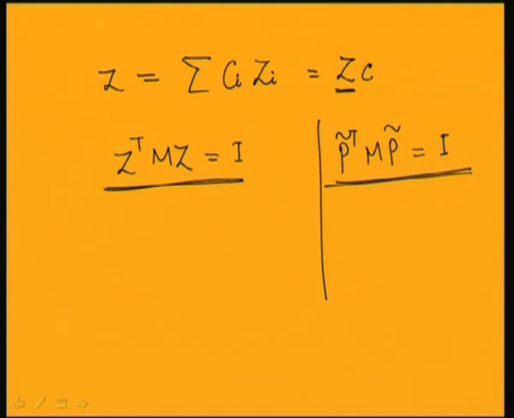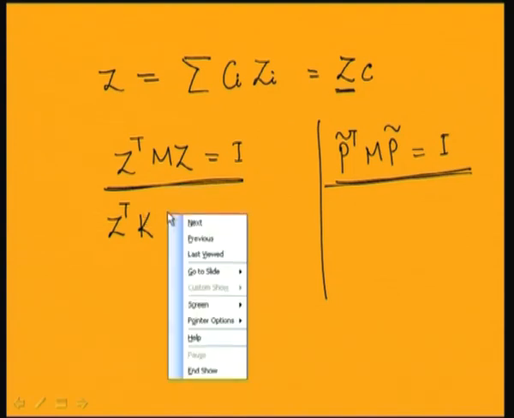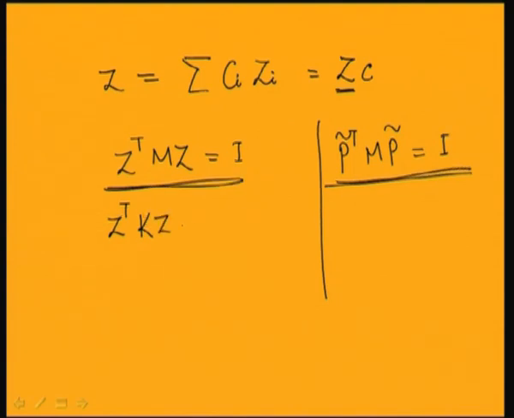So, one can find a Z such that Z transpose M Z equals I. When it satisfies this equation, Z transpose K Z will be a diagonal matrix.